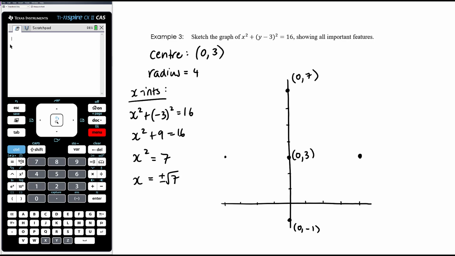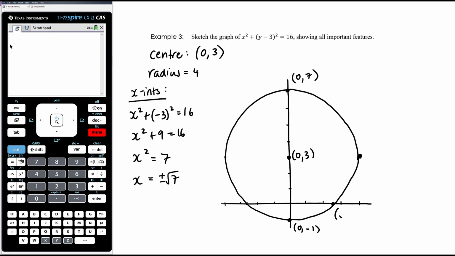Okay, so we're going to cross maybe somewhere kind of here and here, make sure it's sort of symmetric. Okay, let's just draw in a quarter of our circle at a time. Okay, so that point there is root 7, 0, and that point there is negative root 7, 0. So we've got all our axis intercepts and the centre.